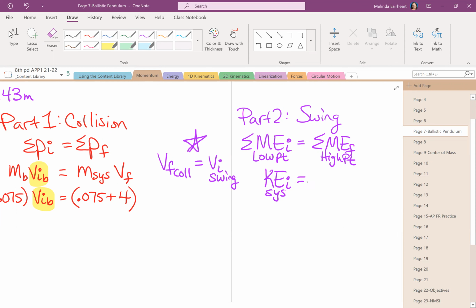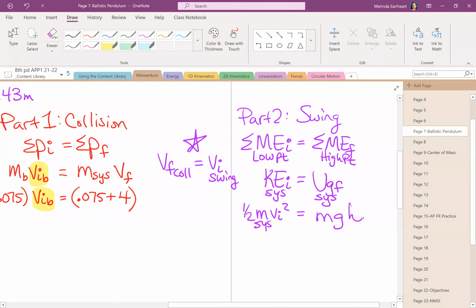Transferred to potential, gravitational, and we're still together. The bullet, we assume, didn't fall out, so it's still a system. And then we plug in our equations for both. So we get 1/2 m v initial squared, which mass? System. Equals that good old mgh, and this is our max height, which mass?